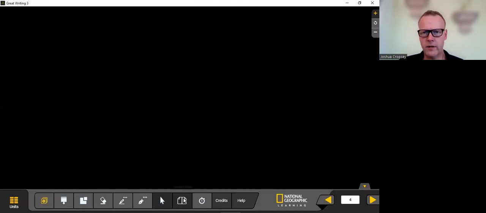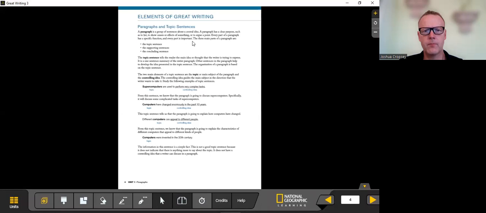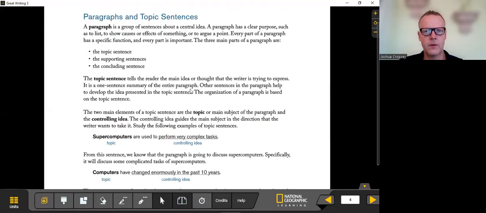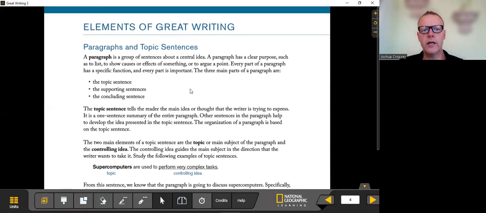Go down to one page. Elements of great writing, paragraphs and topic sentences. A paragraph is a group of sentences about a central idea. A paragraph has a clear purpose, such as to list, to show causes or effects of something, or to argue a point.